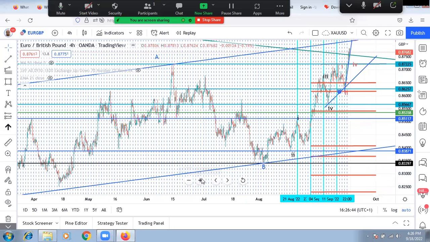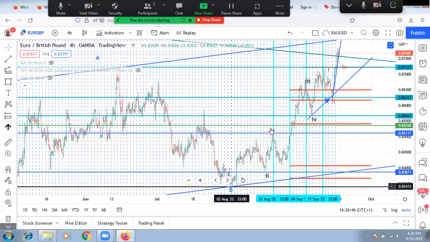From here to here is 1, then we have a flat correction for a wave 2 here. So it is A, B, and a C, and it's a running flat situation here between 1 and 2.